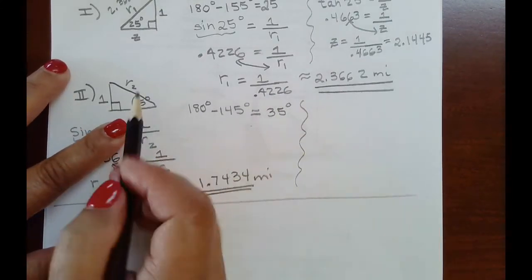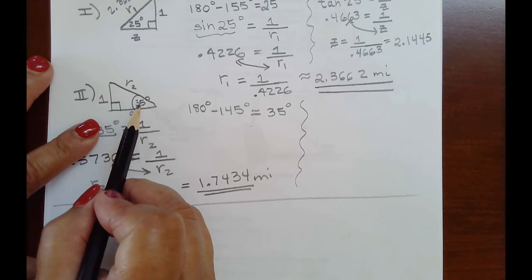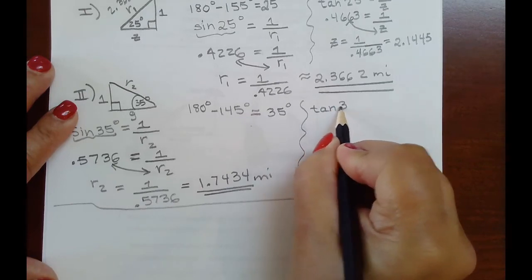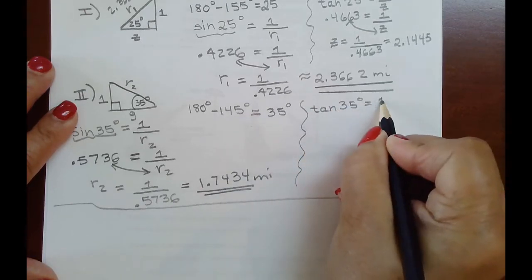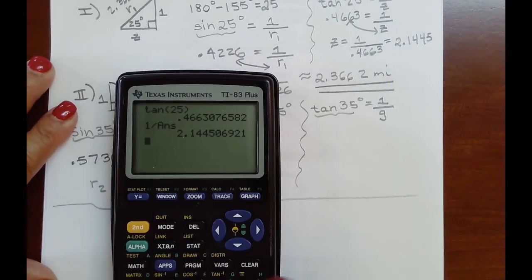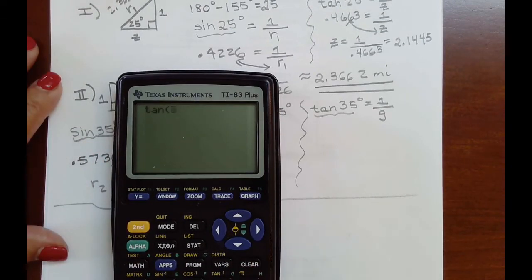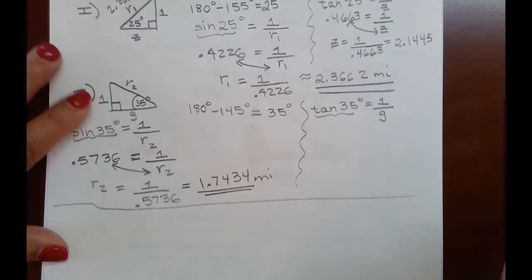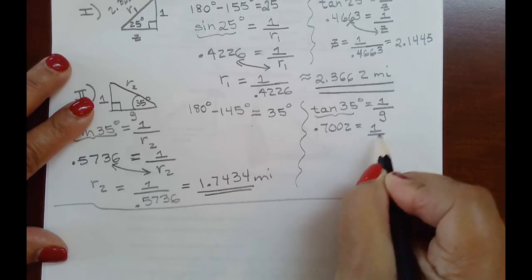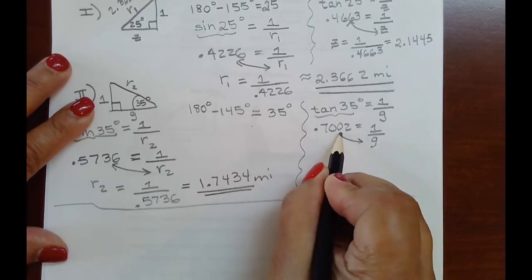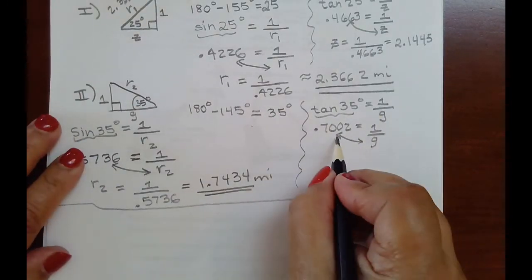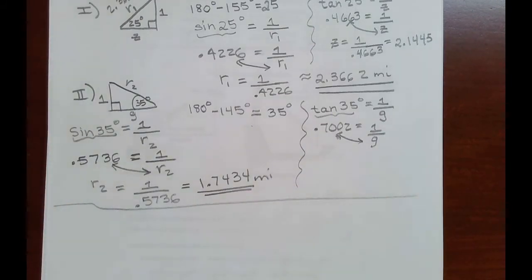And once again, I could use tangent. I could go standing on this 35-degree angle, and I could go opposite over adjacent. I can go get this in the calculator, which would be 0.7002, which would be equal to 1 over G. I can switch places with these two so that I can solve for G. Nope, that's not going to work.